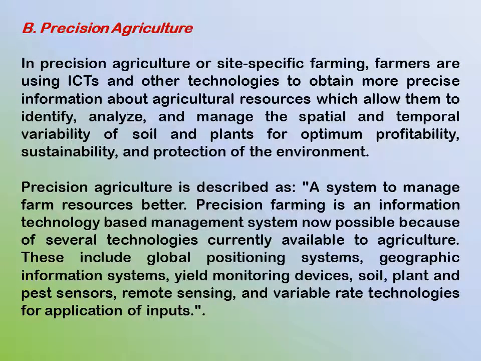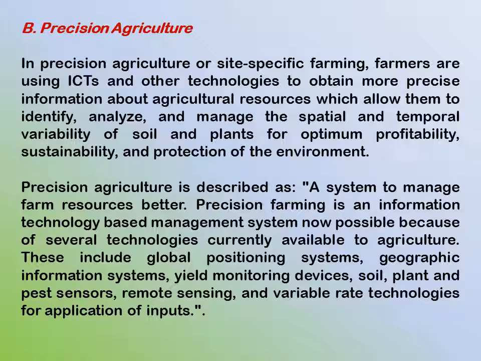So precision agriculture, or site-specific farming: farmers are using ICT and other technology to obtain more precise information about agriculture resources, which allows them to identify, analyze, and manage the spatial and temporal variability of soil and plants for optimum profitability, sustainability, and protection of the environment.